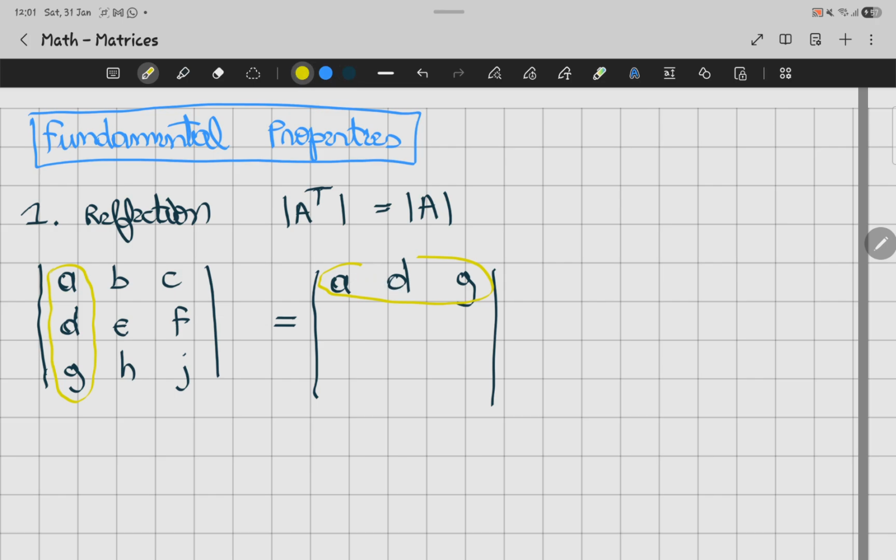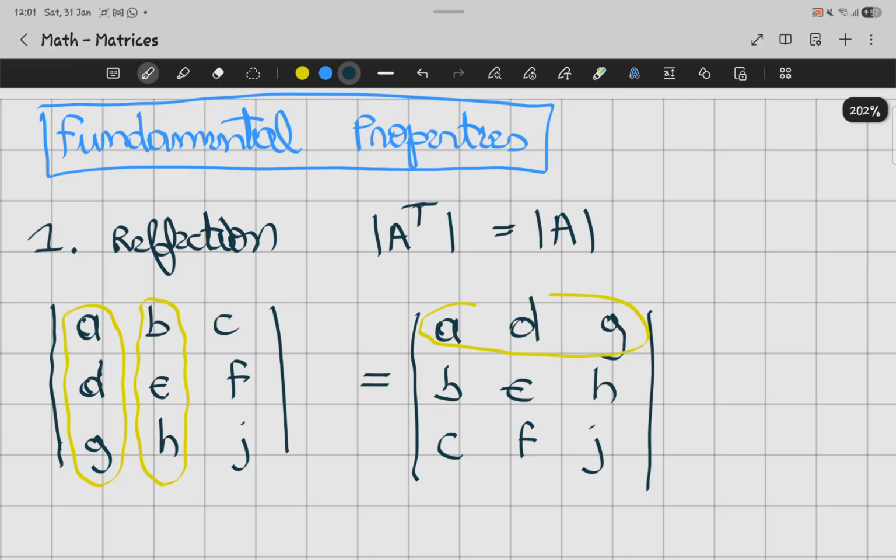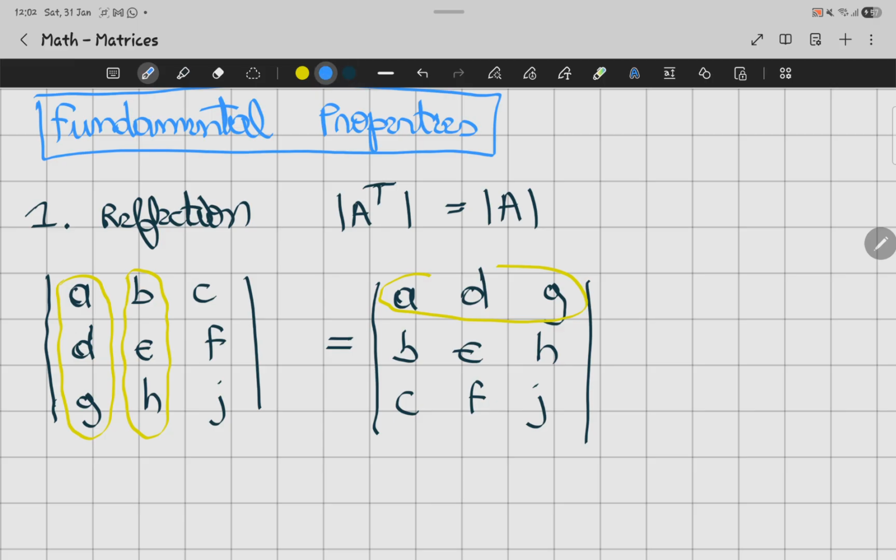So we're going to take the second column, and then we're going to apply the same thing. It's going to be B, E, H, and lastly C, F, J. So this is what we call the reflection of a matrix, or transpose of a matrix, and we normally represent it with a T next to the matrix.